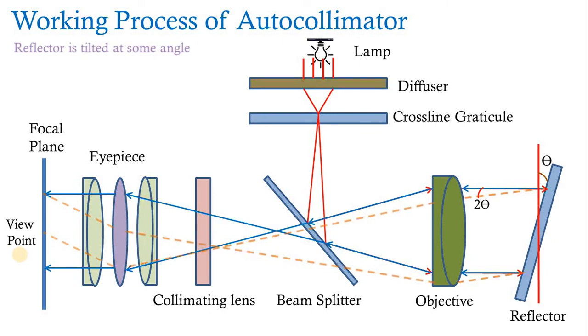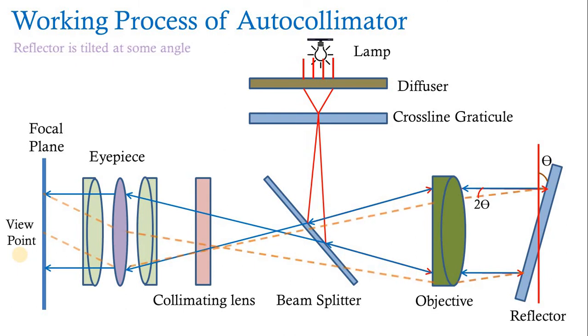There are many factors which affect the specification of an autocollimator, particularly focal length and effective aperture. The focal length determines basic sensitivity and angular measuring range. The longer the focal length, the larger the linear displacement for a given reflector tilt. And if air currents in the optical path between the autocollimator and the target mirror cause fluctuations in the readings obtained, this effect is more pronounced as the distance from the autocollimator to the target mirror increases.